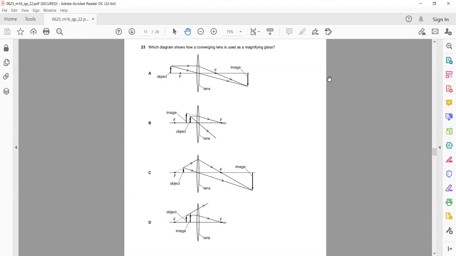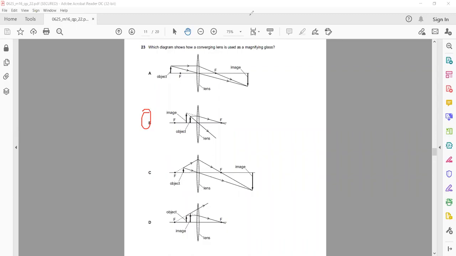When we use it as a magnifying glass, first, it will form a virtual image, and it will form on the same side as the object, and it will be larger in size. So for 23, B is the right answer.